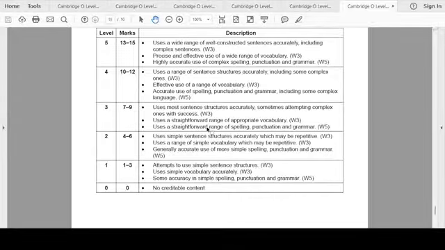And uses a straightforward range of spelling, punctuation, and grammar. So keeping it straightforward, keeping it simple, not trying to use multiple commas in a sentence, not trying to use perhaps hyphens or colons or something like that, or dialogues and inverted commas, quotation marks, any of those.